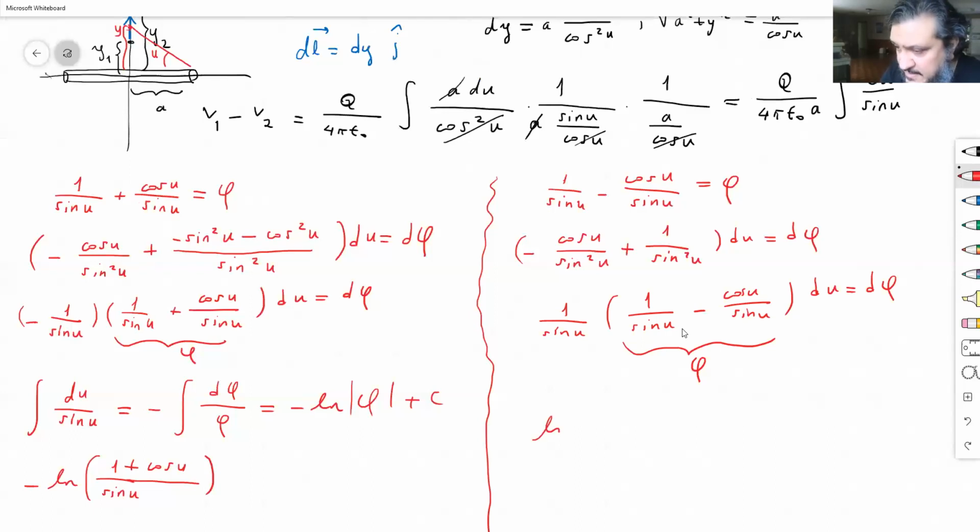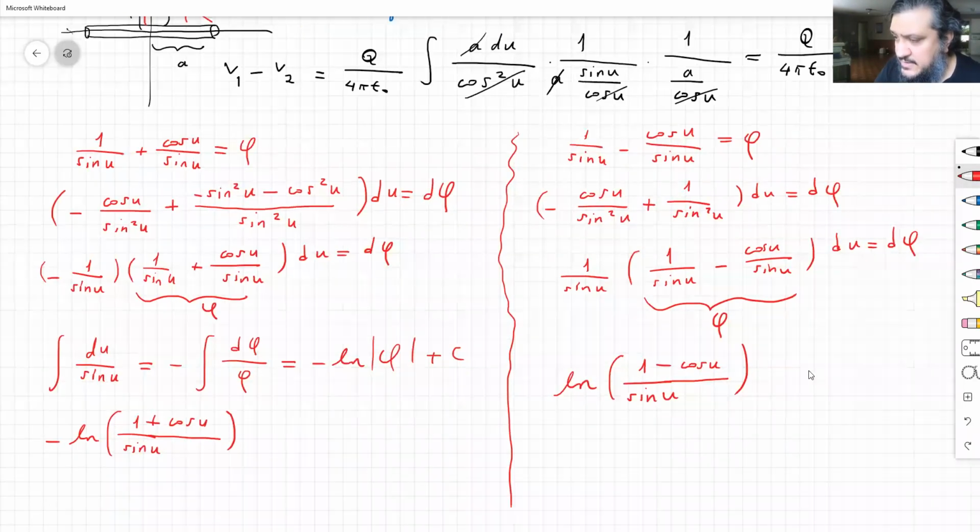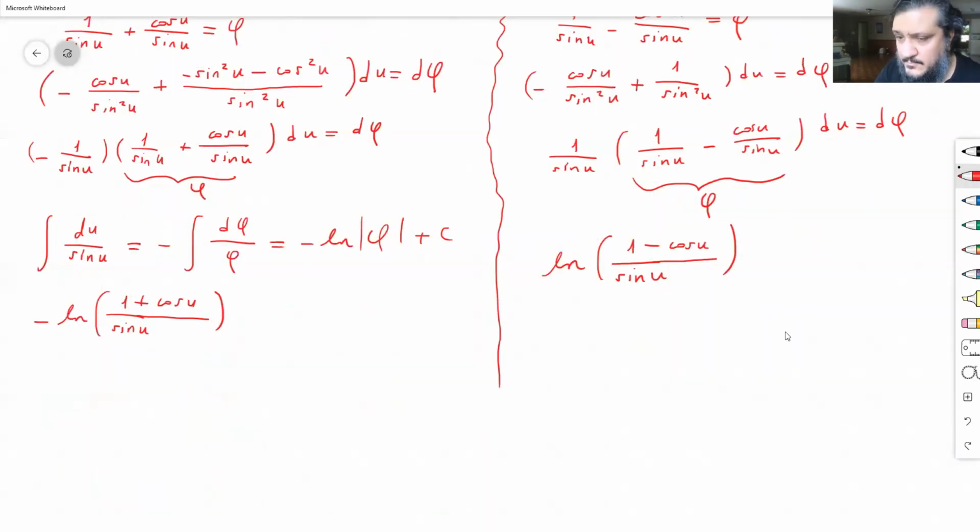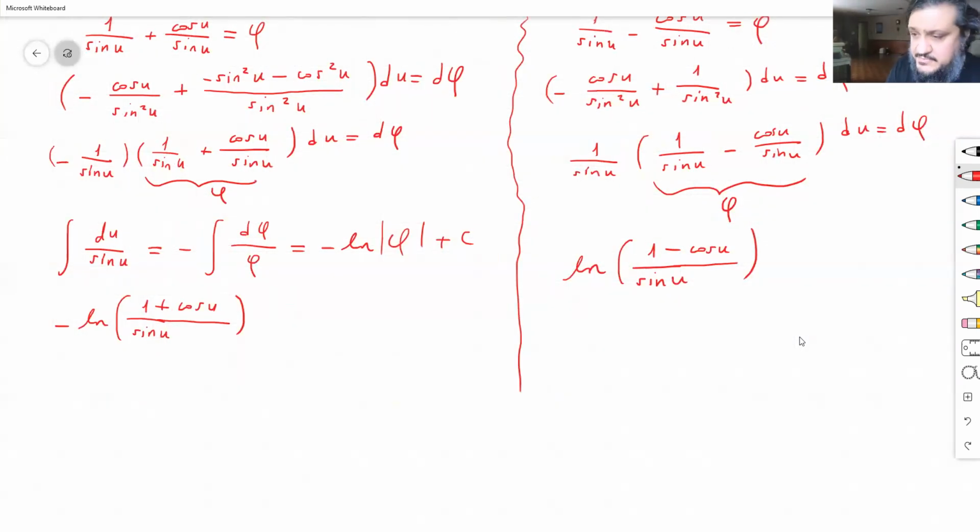So we'll have the logarithm of our phi here, which is 1 minus cosine u over sine u. So these two should be equal to each other. And if you want, you can show that they're equal. You want to do that? So let's try. So negative ln.